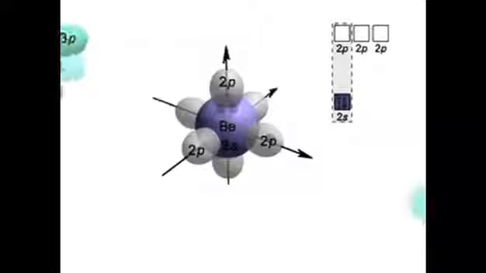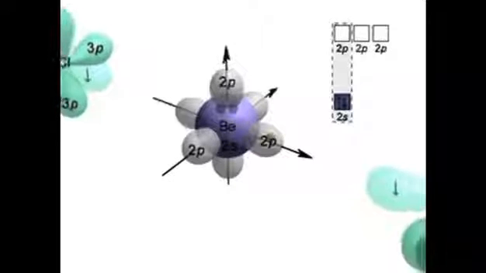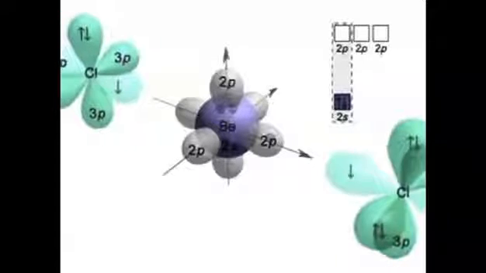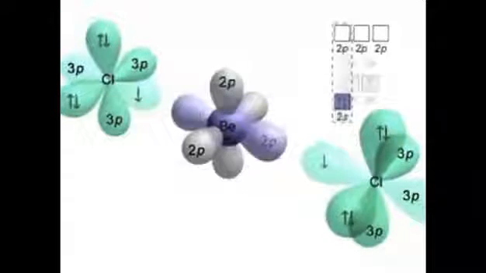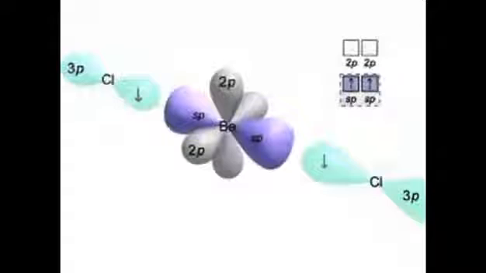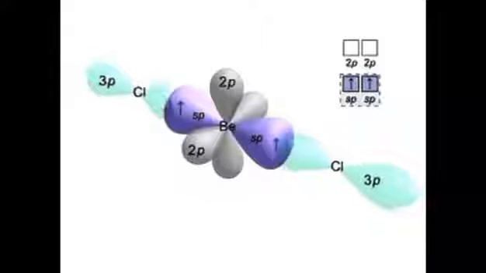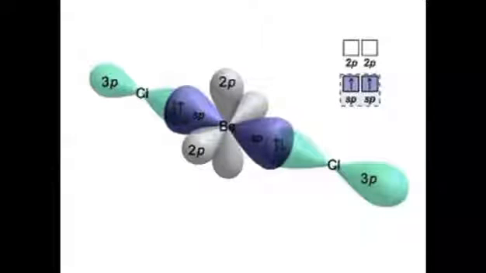The chlorines have three 3p orbitals, but we'll fade out the ones that are not involved in bonding. In the molecule, beryllium has undergone sp hybridization. The half-filled sp hybrid orbitals overlap the half-filled chlorine orbitals to form two Be-Cl covalent bonds that are 180 degrees apart.